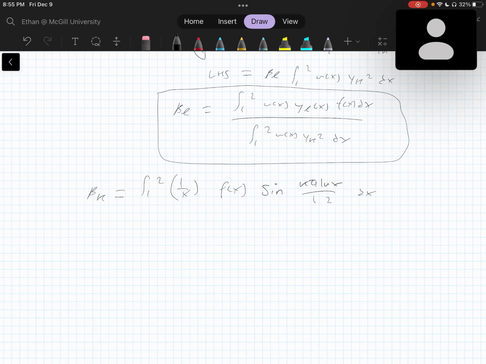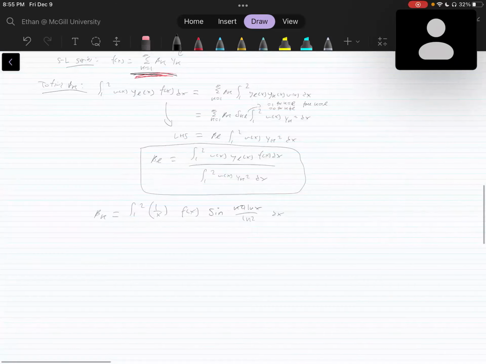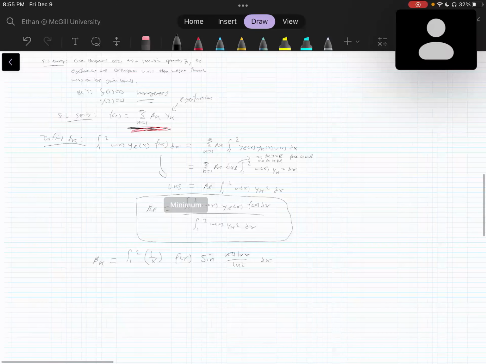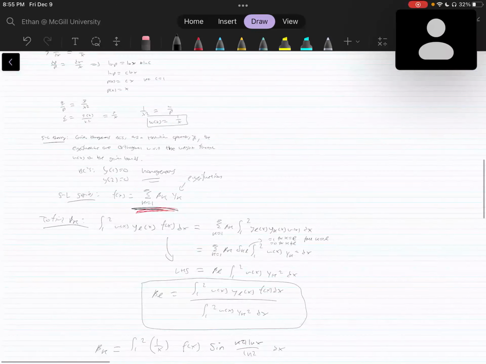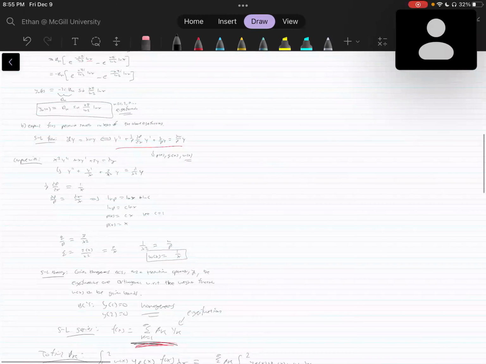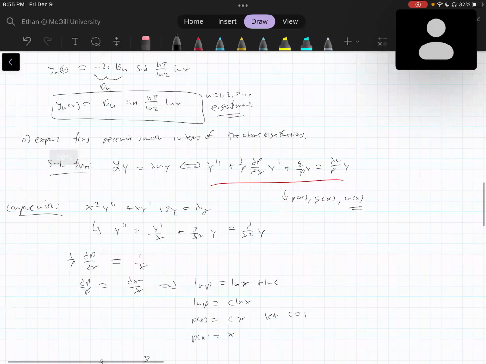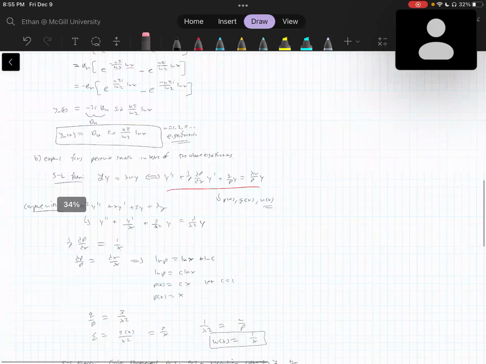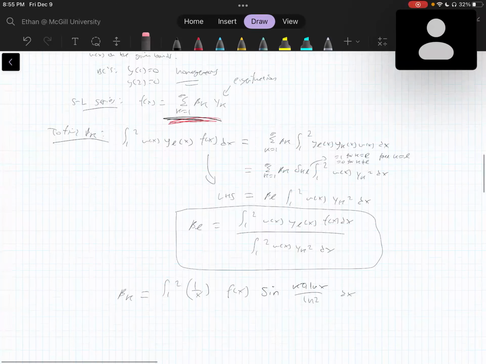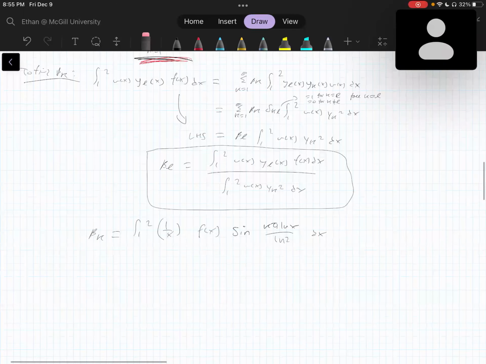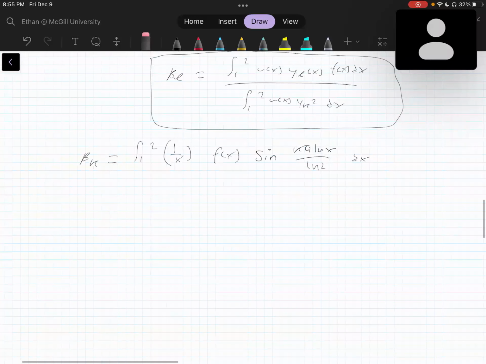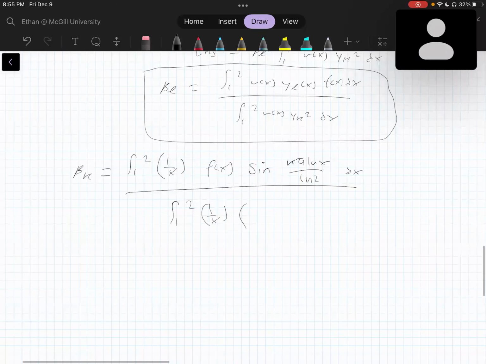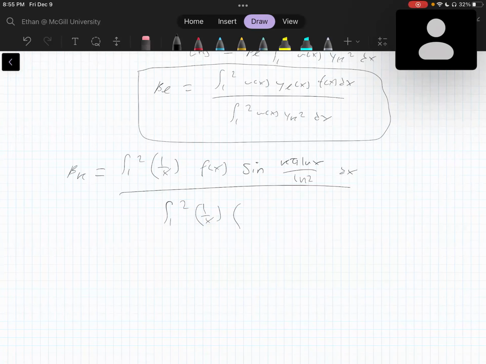Now you'll notice the constant from our eigenfunctions above was absorbed in this bk constant, so if I go back up, we don't include the dn here. That's the numerator, and then the denominator is just going to be the integral from 1 to 2 of 1 over x times our eigenfunction squared.